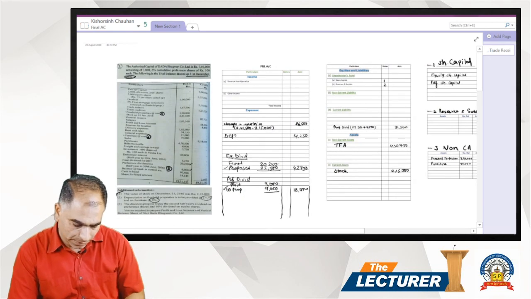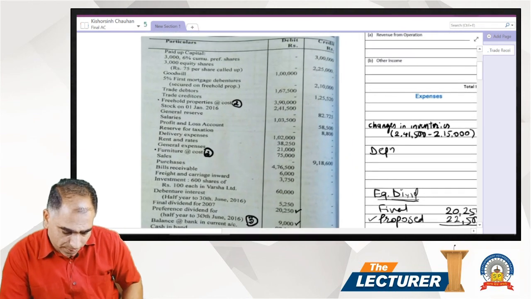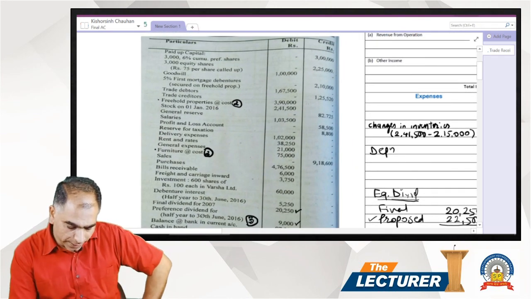And if you see any of the share capital related item, you will find it.